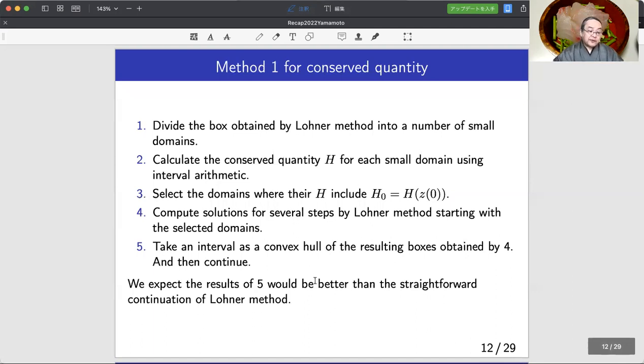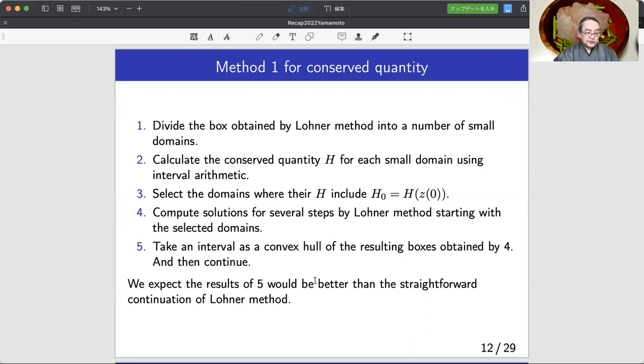What we consider first is the following method. 1. Divide the box obtained by the Lohner method into a number of small domains. 2. Calculate the conserved quantity h for each small domain using interval arithmetic. 3. Select the domains where their h includes h0. 4.